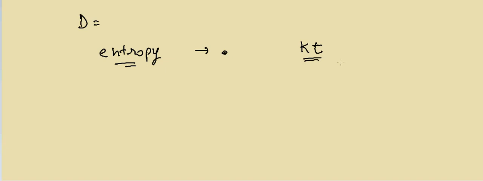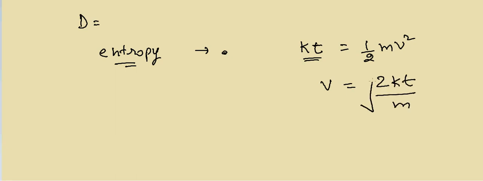Because this particle is very small, this will go into the kinetic energy, and we can calculate the velocity as the square root of 2kT divided by m. So this is the velocity of this particle which is moving in a random direction.